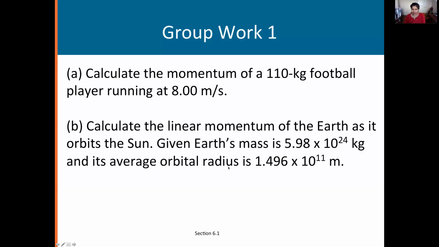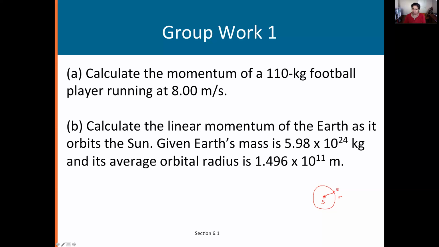What is given is the average orbital radius, which means you're going to consider the orbit of the Earth to be a circle. So here's my Sun, and I'm not very good at drawing freehand, but this is the Earth going round, okay? Let's write this as E. This is the Sun, and this radius, R, is given to us.